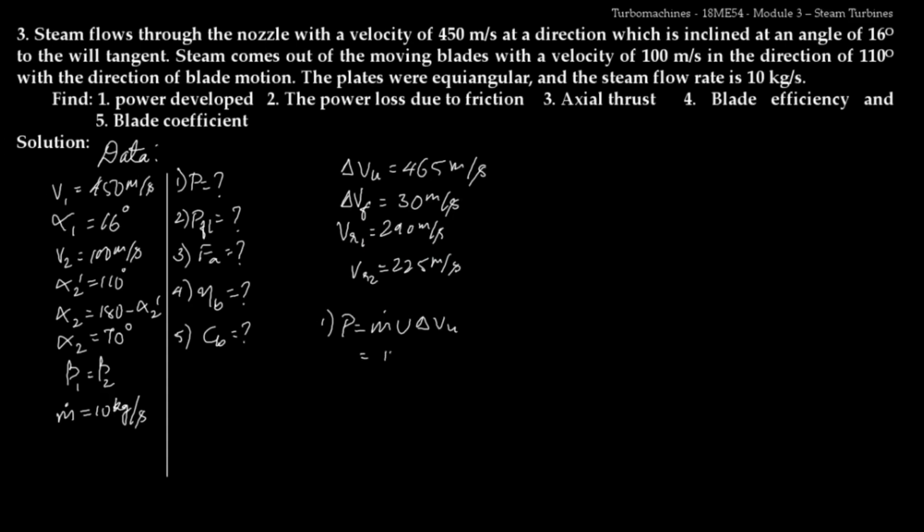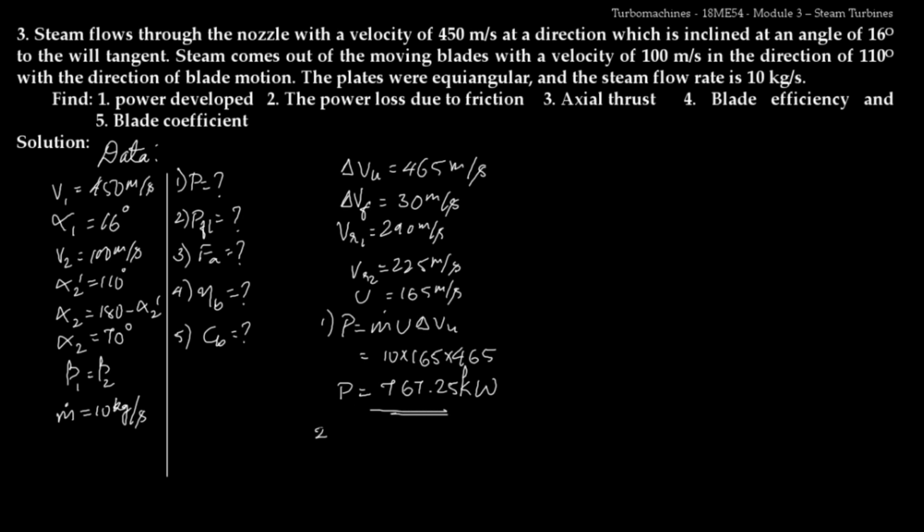m dot is 10 kg per second multiplied by u is 165 meter per second, multiplied by delta Vu is 465. So the power developed by the turbine is 767.25 kilowatt. So this is the power developed.